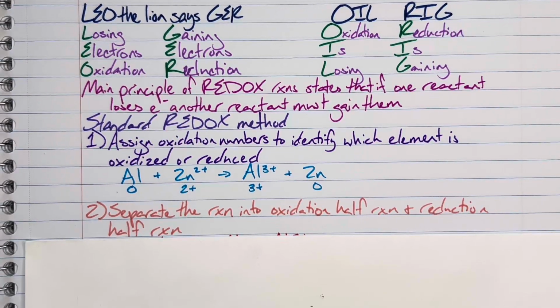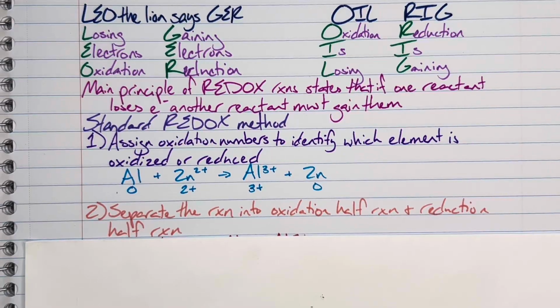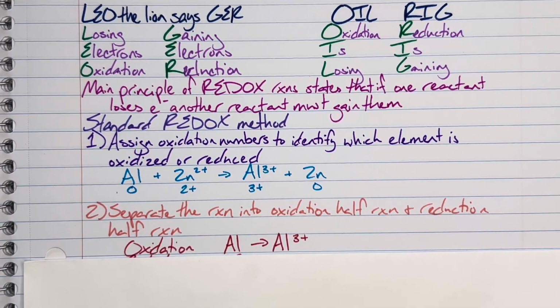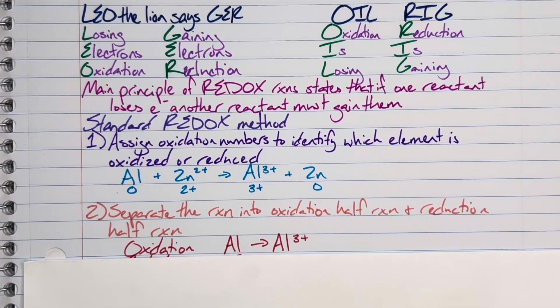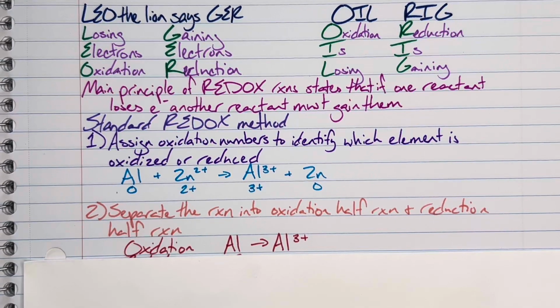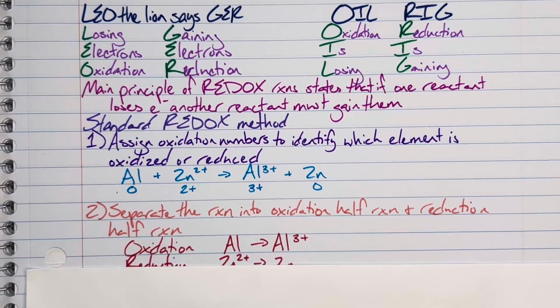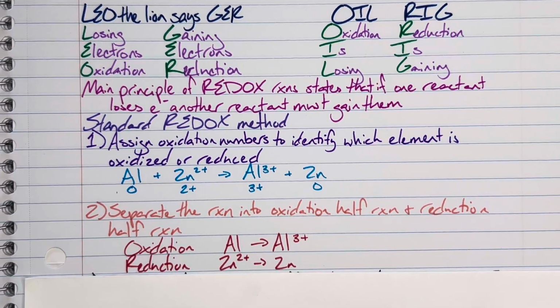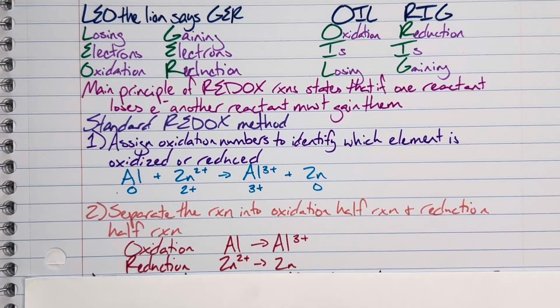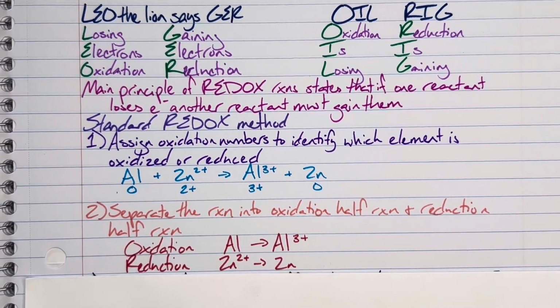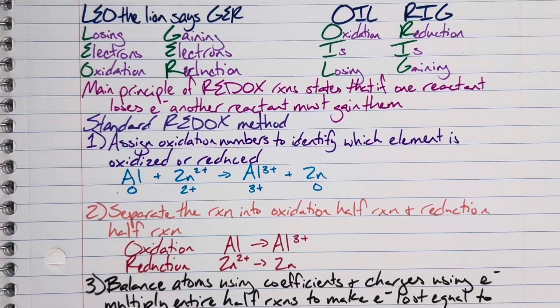I am then going to separate the reaction into half reactions. And so my oxidation reaction is going to be aluminum going from having all of its electrons to having lost 3 electrons. And my reduction reaction is going to be the zinc ion gaining those electrons and going to a solid product.